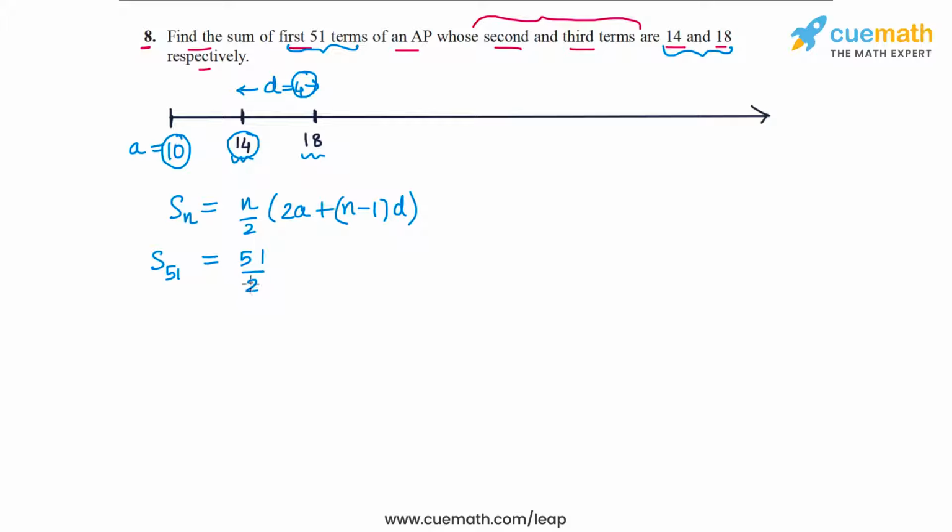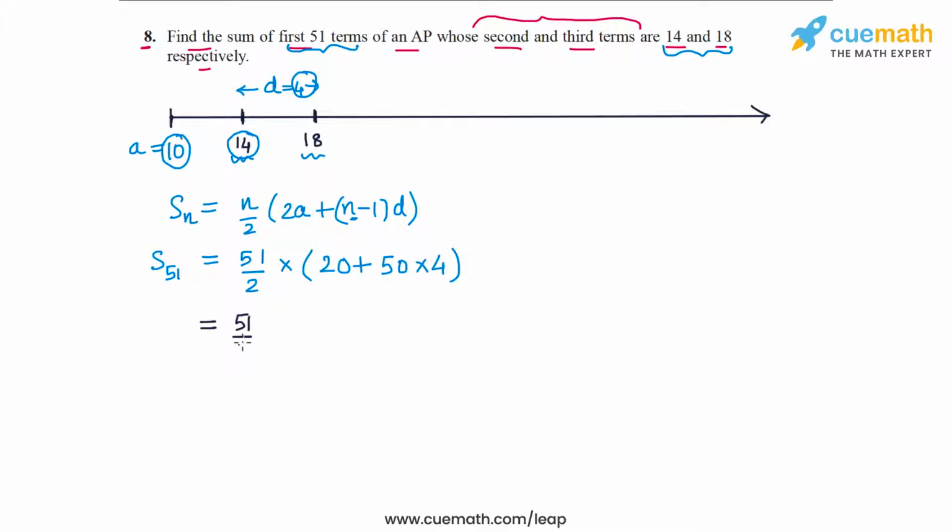So S51 is equal to 51 by 2 into 2a, so a is 10, so 2a is 20, plus n minus 1, so n is 51, so n minus 1 is 50 into d is 4. So this is what we get as the expression for S51.